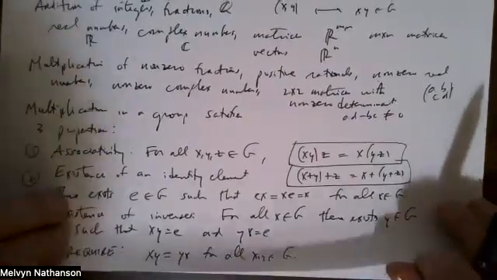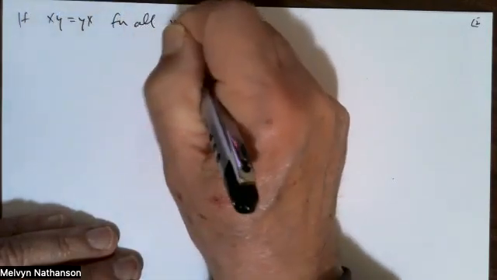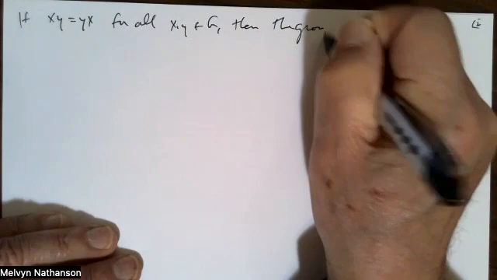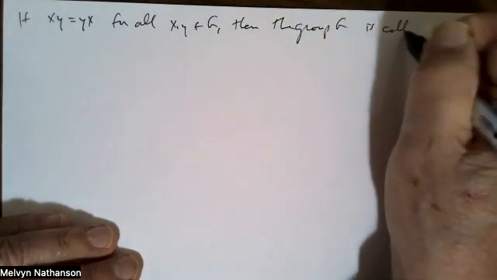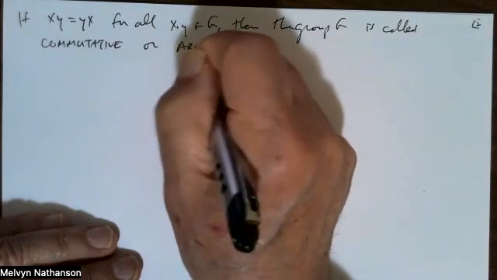So if xy equals yx for all x and y in the group, then the group G is called commutative or abelian. These words are synonyms.